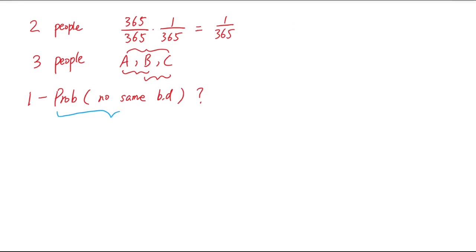So let's call this P of no same birthday. So for two people, in order to have no same birthday, the probability is going to be that the first person still has arbitrary days he can choose from, and the second person would have to choose a different day that doesn't collide with the birthday of the first person.